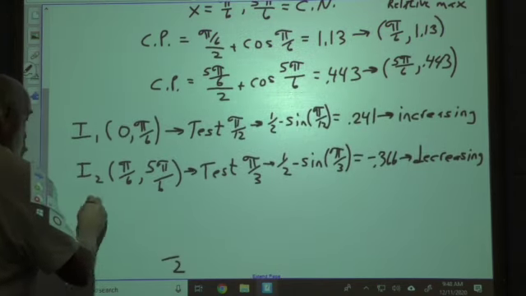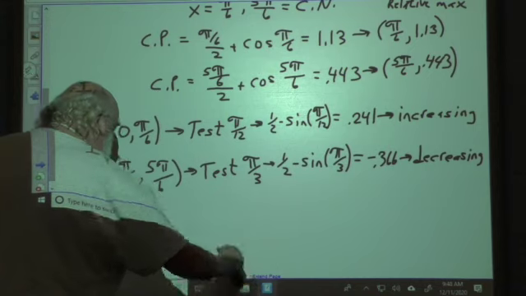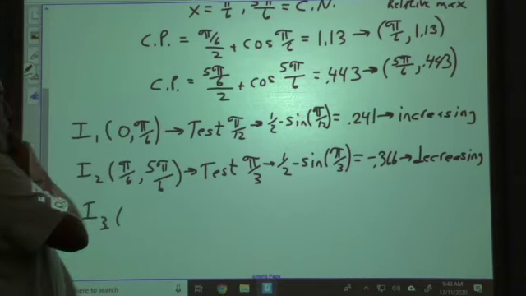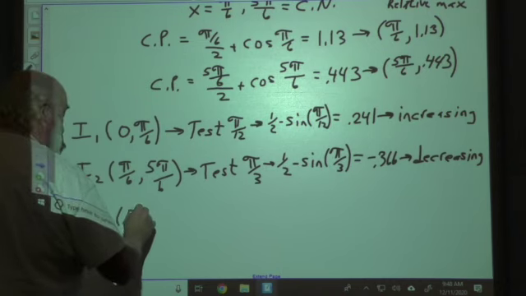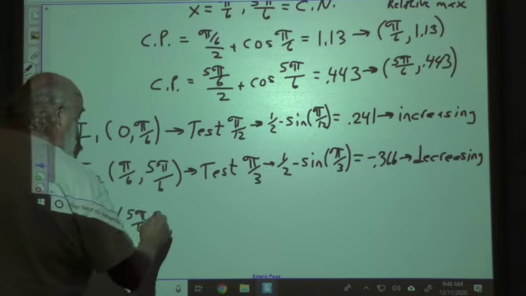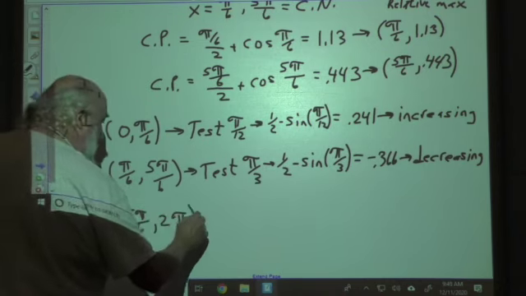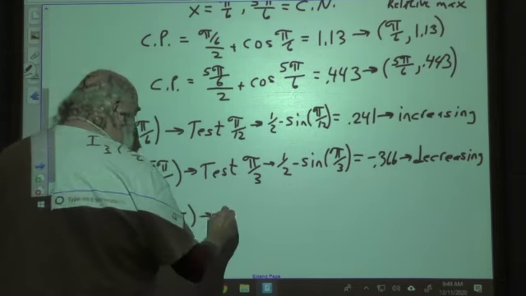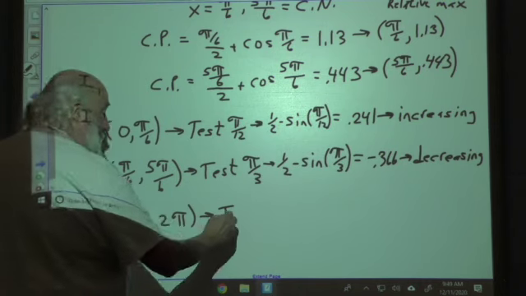The third interval is from 5 pi over 6 to 2 pi. I'm going to test pi, because it's really easy to type into my calculator, and it is between these two values.